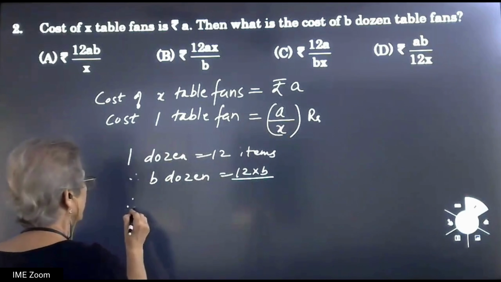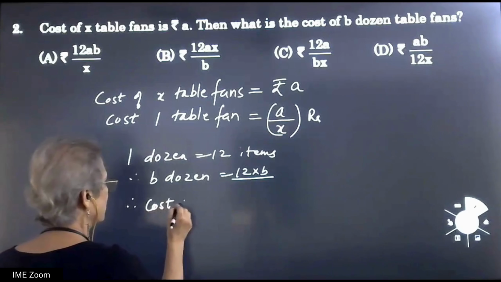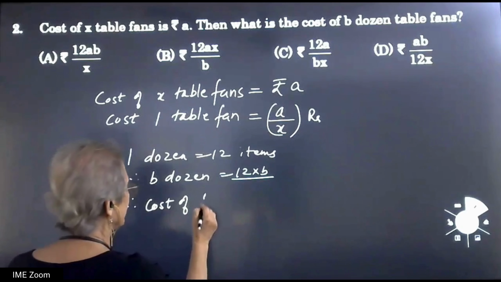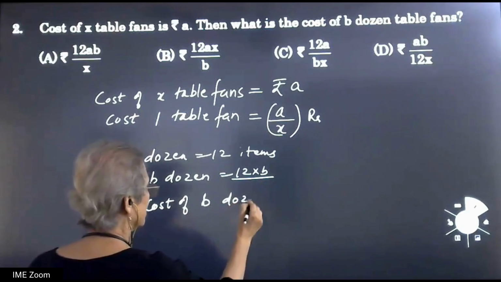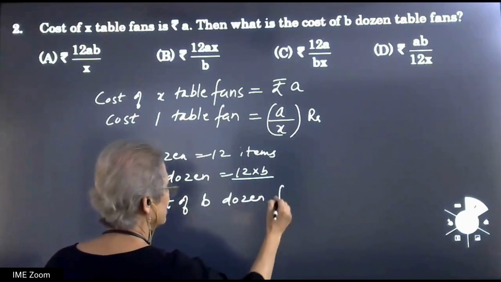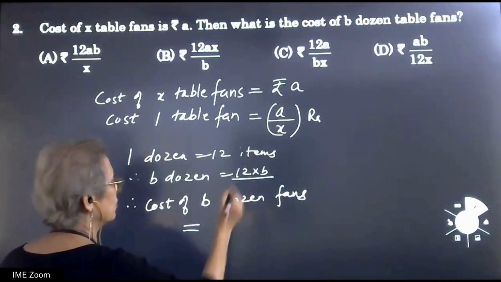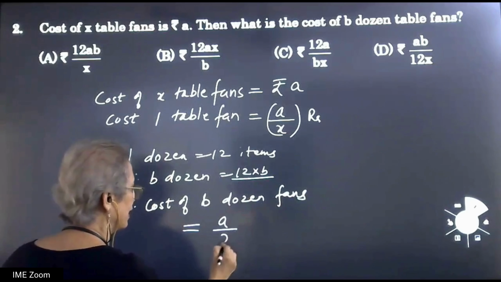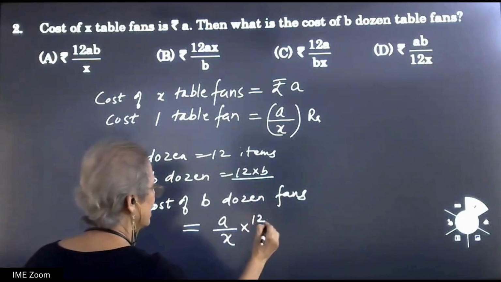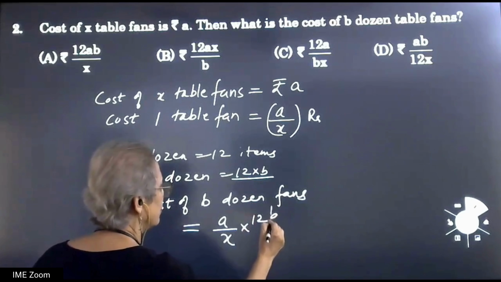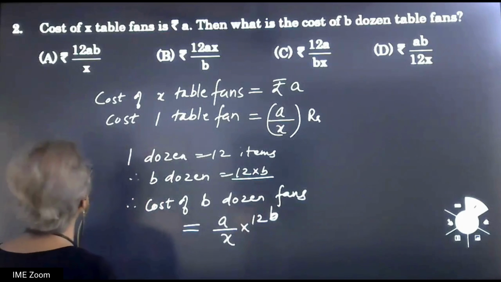This is the cost of one fan. And therefore, cost of B dozens of fans equals the cost of one fan, A upon X, multiplied by 12B. Okay.